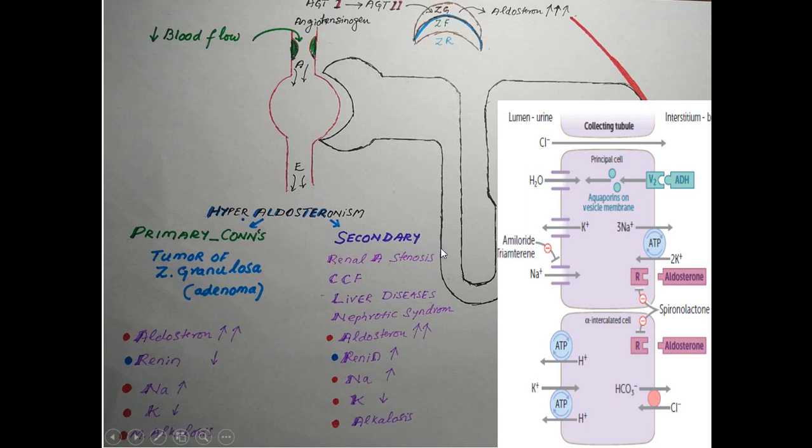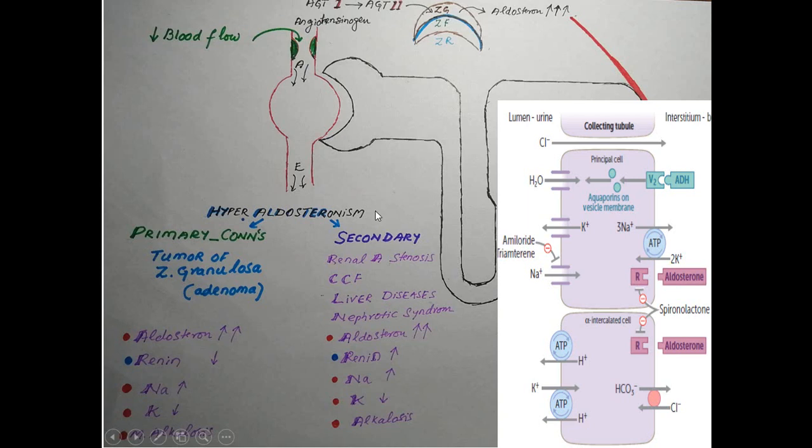Although this water is present in your body and is part of your total body volume, the blood which is circulating in your blood vessels is now less. The blood which is circulating in your blood vessels is known as the effective circulatory volume.